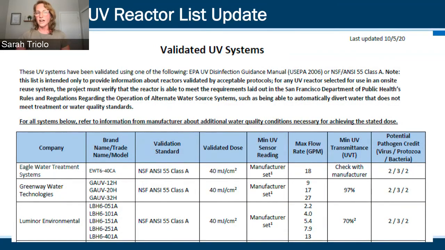So there's a variety of factors that projects still need to do their homework on to make sure the reactors are appropriate. But I do encourage you to look at that updated list. Our website URL is on the last slide.